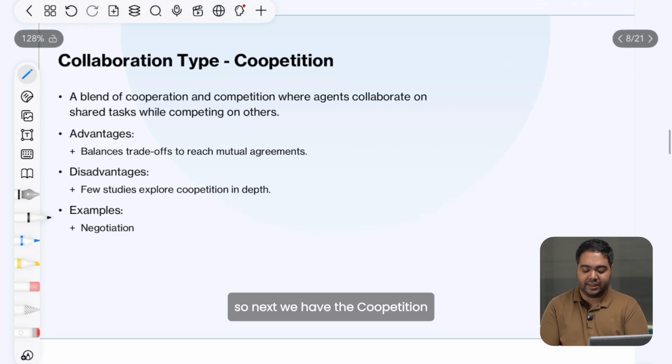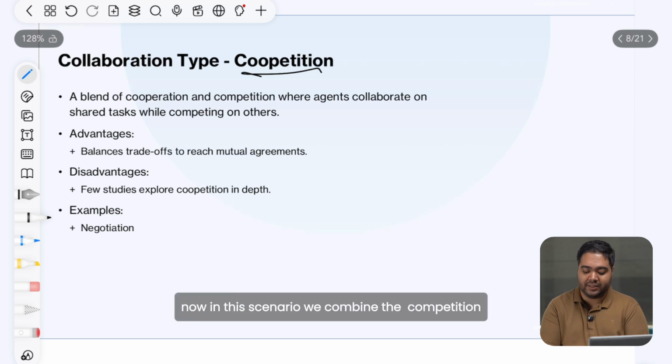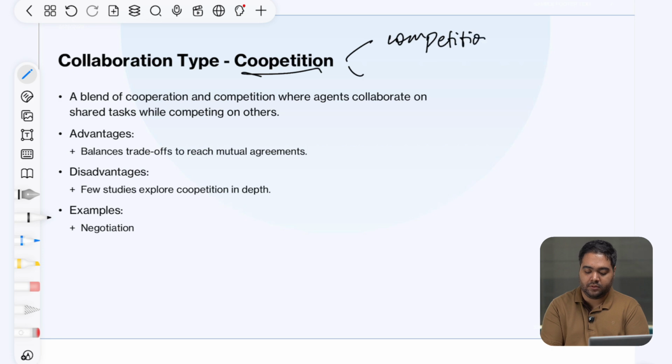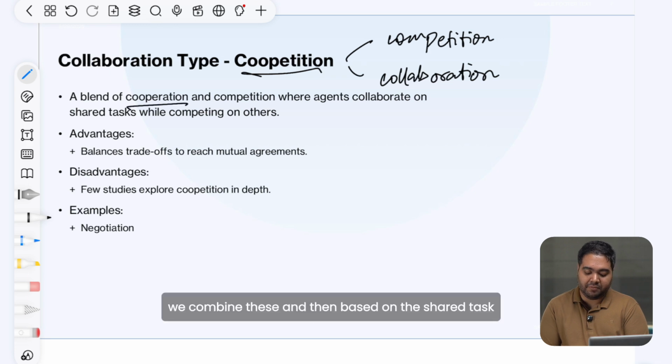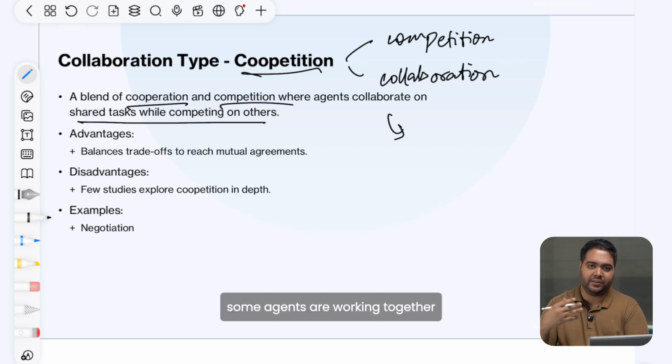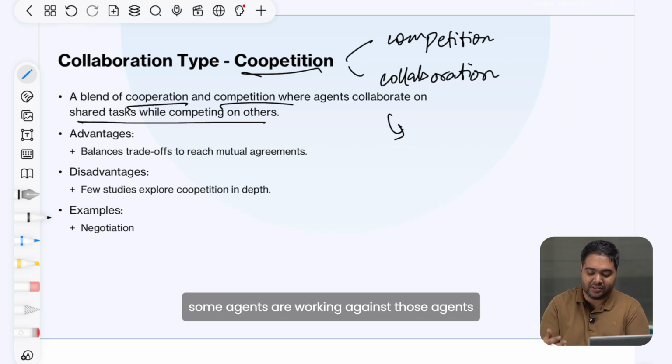So next we have the co-opetition. In this scenario, we combine the competition and the collaboration. Based on the shared tasks, some agents are working together, some agents are working against those agents.